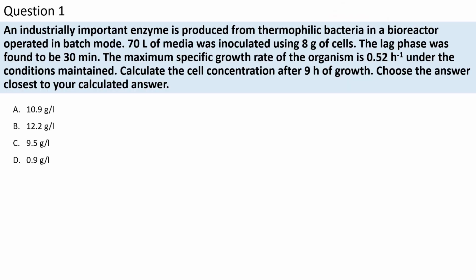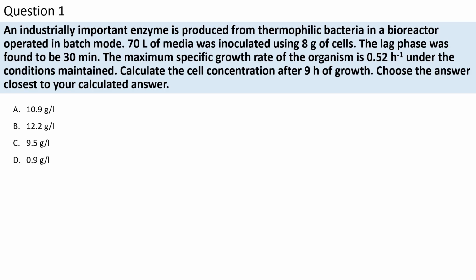Question 1. An industrially important enzyme is produced from thermophilic bacteria in a bioreactor operated in batch mode. 70 liters of media was inoculated using 8 grams of cells. The lag phase was found to be 30 minutes. The maximum specific growth rate of the organism is 0.52 per hour under the conditions maintained.